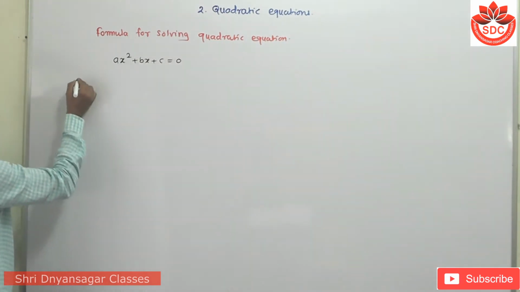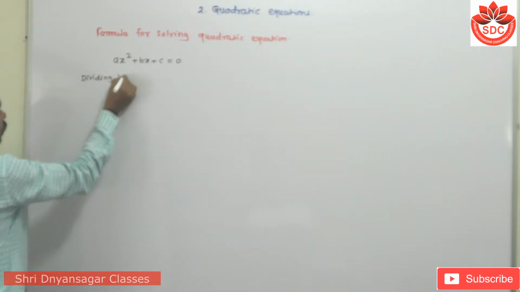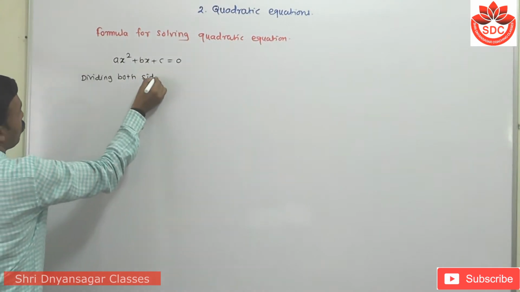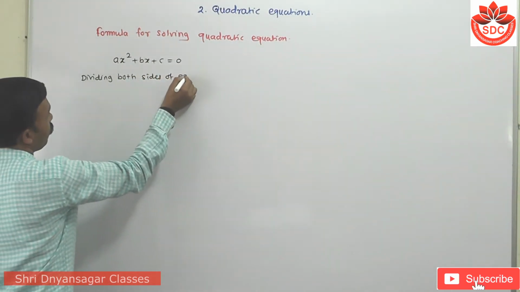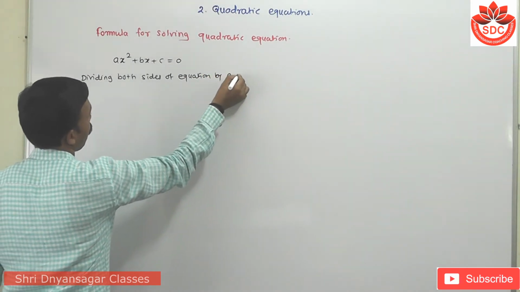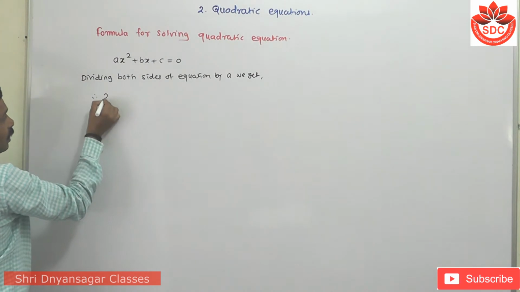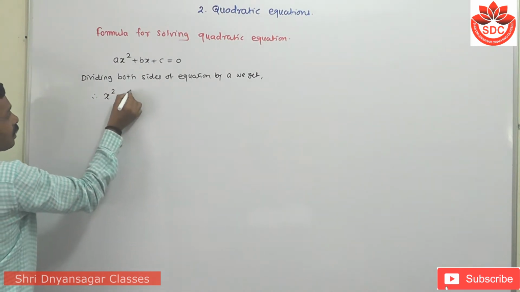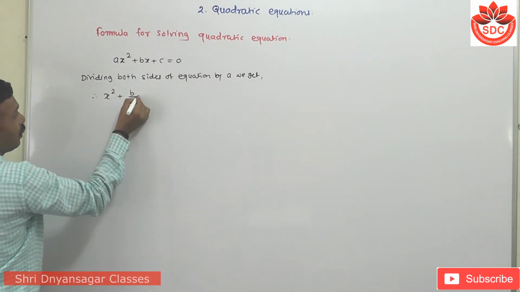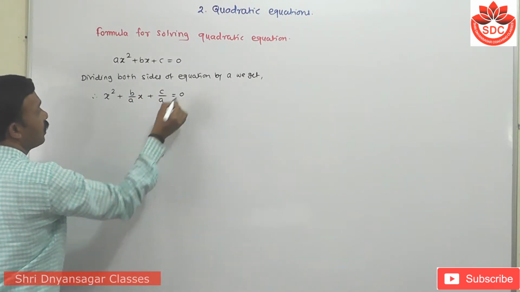Dividing both sides of the equation by a, we get x square plus b upon a into x plus c upon a equals 0.